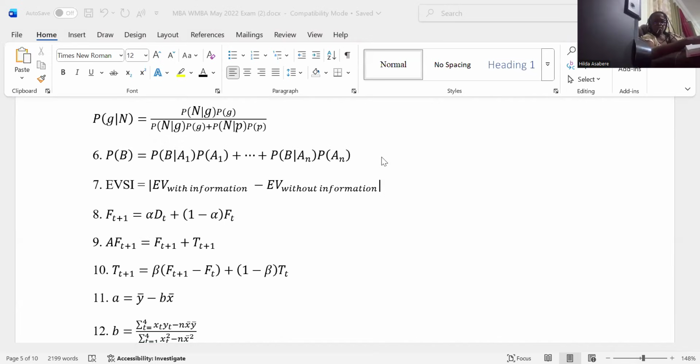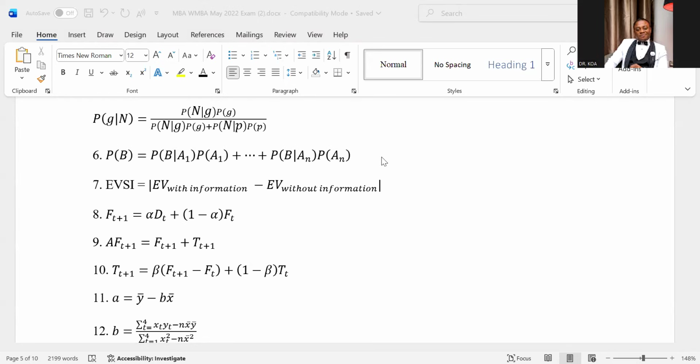The alpha is the smoothing constant or the smoothing parameter, and the alpha is given to you here. In this case, it's 30%. So that is a smoothing constant. If you are not writing, you are in trouble, because it means your mind is not fully engaged. The DT that you see there is the actual demand in the present period.